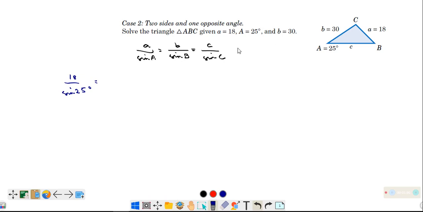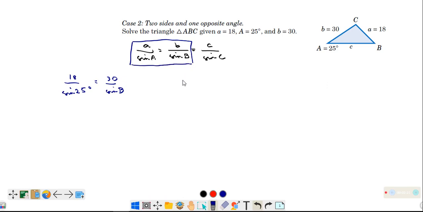And then, for B, we have 30 over sine B. So, ang problem natin dito, it is quite difficult and confusing to solve for values when the missing is in the denominator, di ba? So, ang gagamitin lang natin ay itong dalawa. Ito lang yung focus natin.